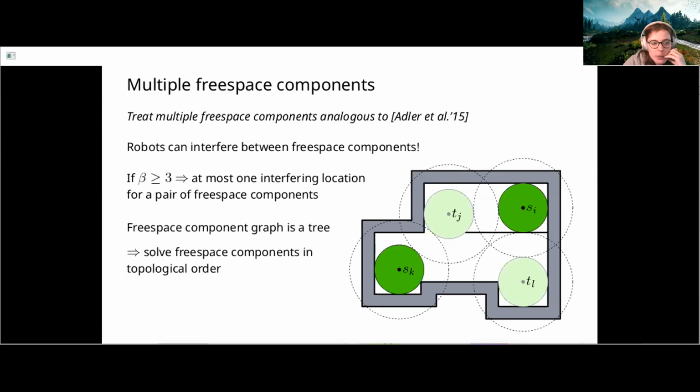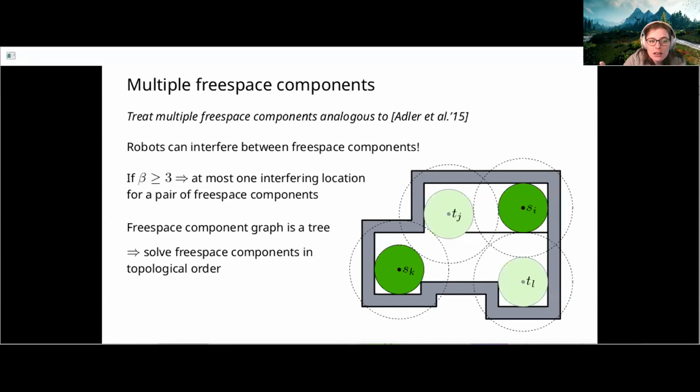And we can build again a graph on free space components now. And again, this graph will be a tree. We can add an edge direction from one component to another component, depending on how interference happens between the starting node or between the target node and another component.